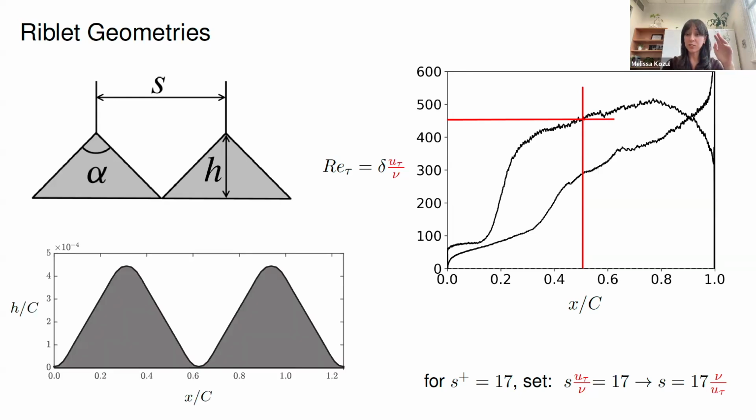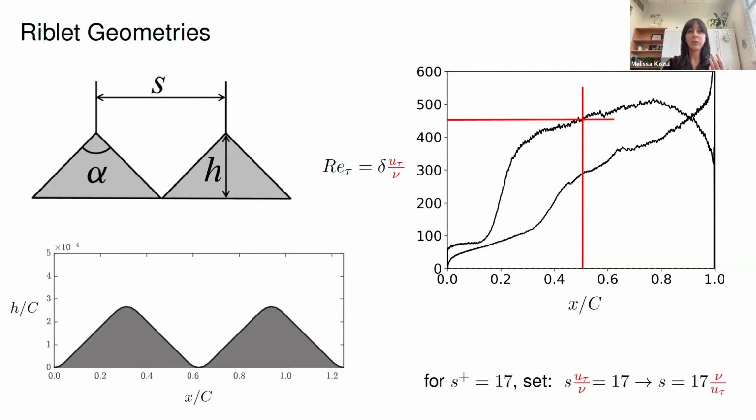We went for smooth edges because this is more realistic from a manufacturing point of view, and also it's going to be very difficult to cut out the bottom. And we think that this is a more representative geometry than in fundamental fluid mechanics studies, where they've been looking at these sharp riblets. So we went for a sharper riblet, which we expect will be more effective, and also the lower riblet.